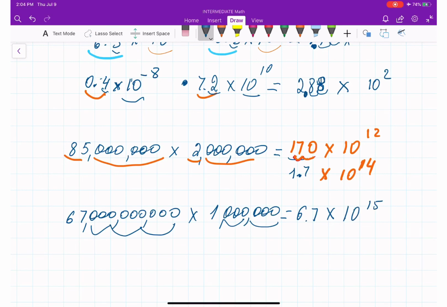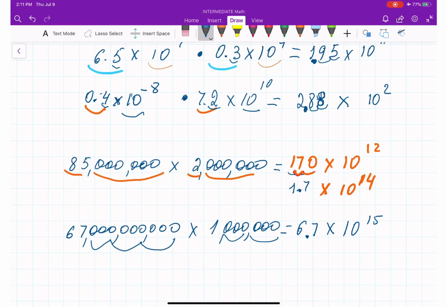And then I do 1 going back, and I get 6.7 times 10 to the power 16. So let me clean this point here so it won't be confusing. Okay? That's exactly our answer. I think I covered everything.